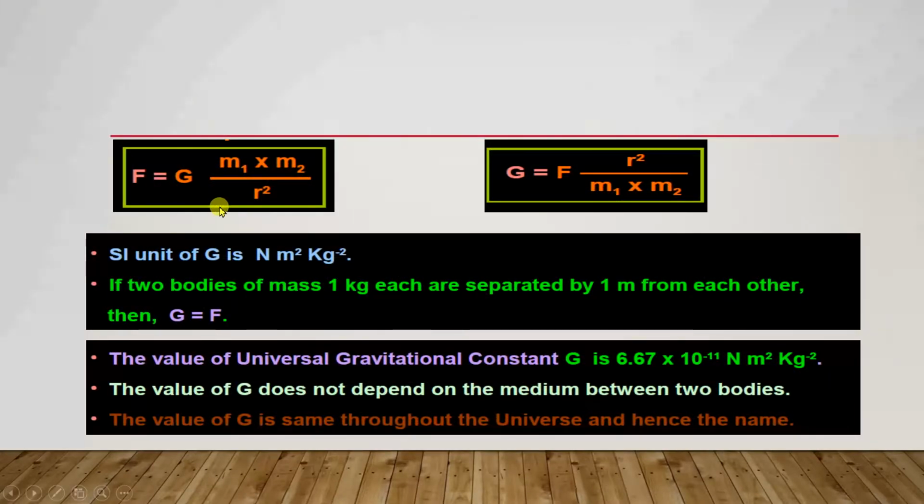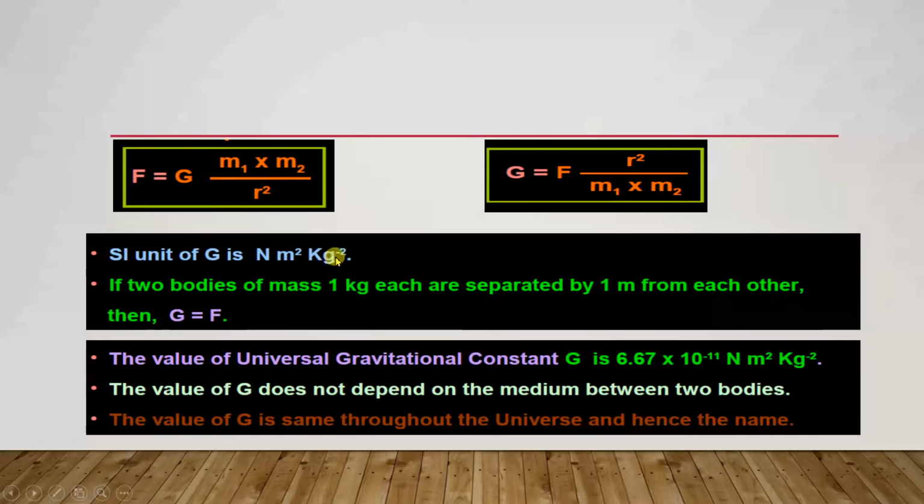Let's see how it comes. As we know that force is G m1 m2 upon r square, so we can find capital G, which will be F r square upon m1 m2. So how will we write the SI units? We will write the SI unit of force, that is Newton, distance square, that means meter square, and the SI units of masses m1 m2 will be kg, so it will be kg square.